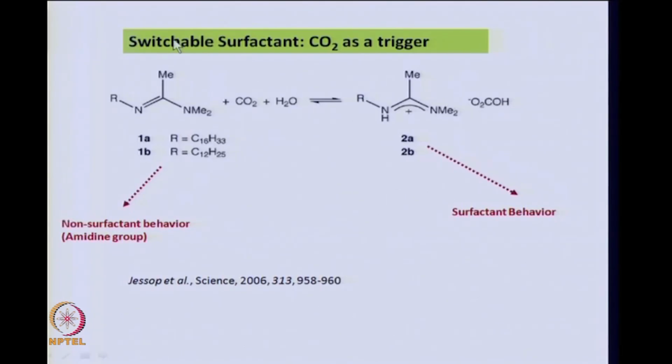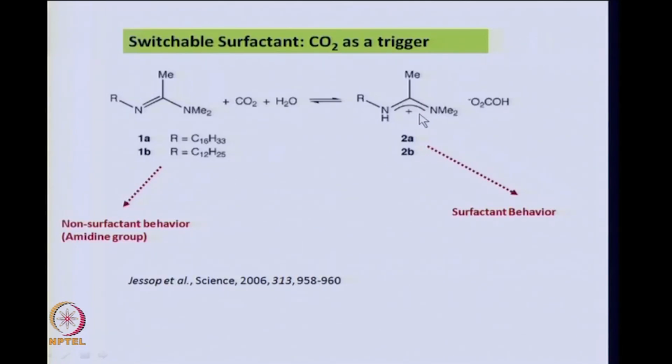For example, this is a surfactant molecule which does not behave like a surfactant as such, but when you pass carbon dioxide through the solution, then it becomes ionic and then it behaves like a surfactant.